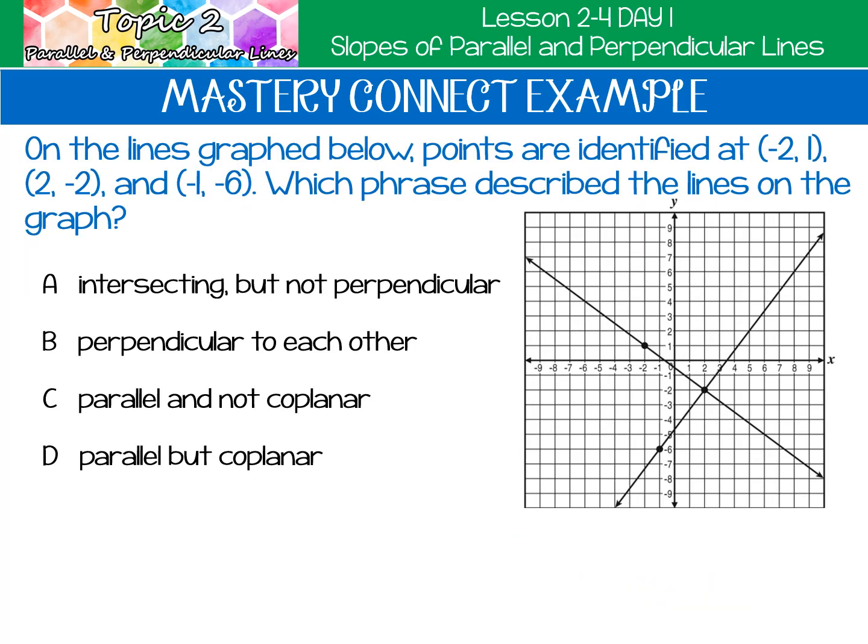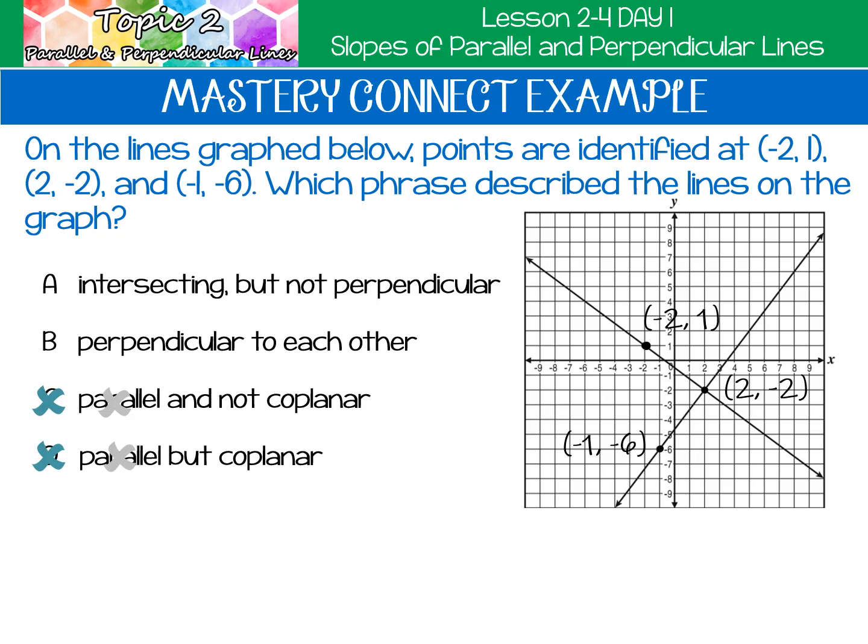Another Mastery Connect example. On the graph below, points are identified as -2, 1, 2, -2, and -1, -6. Which phrase describes the lines on the graph? Well, they're not parallel because they intersect, so we know it's not those two.